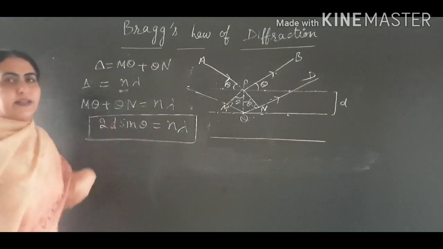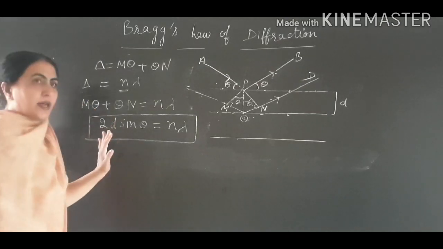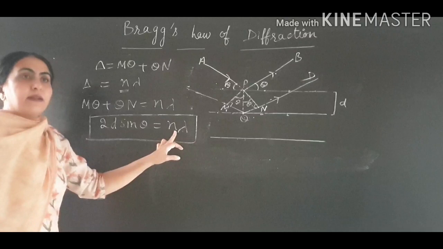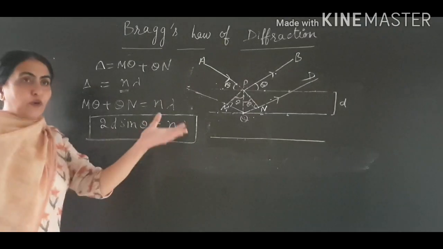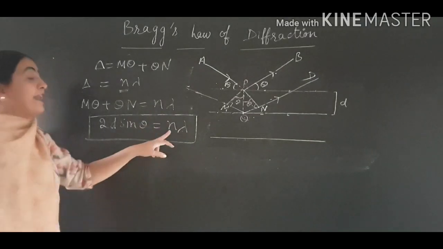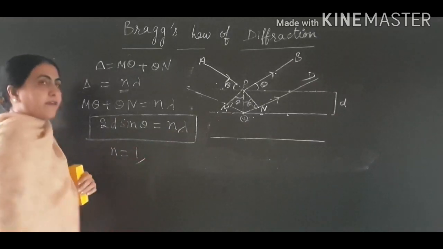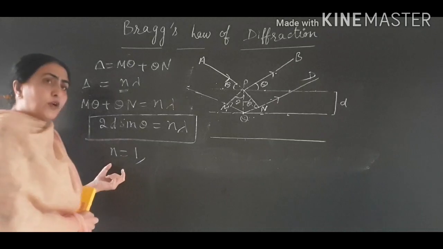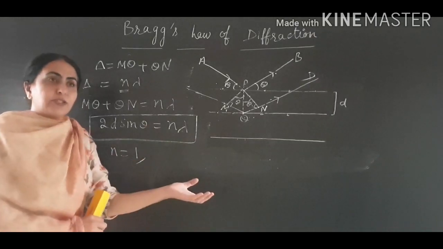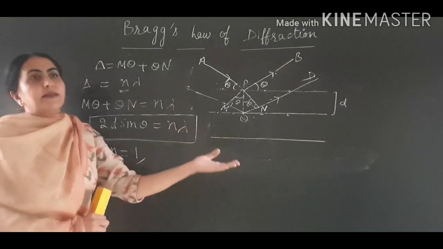You have also studied Bragg's law in +2. Now n is 1, 2, 3, 4 and can be 0. For n equal to 1, there is first order reflection. When n equal to 2, there is second order reflection. When n equal to 3, that is third order reflection.